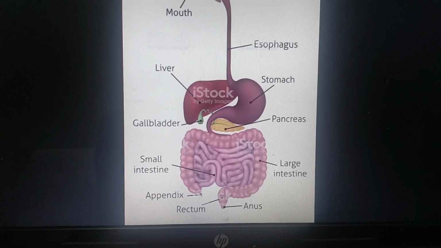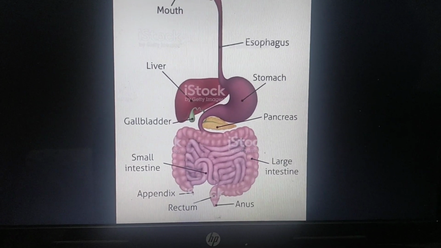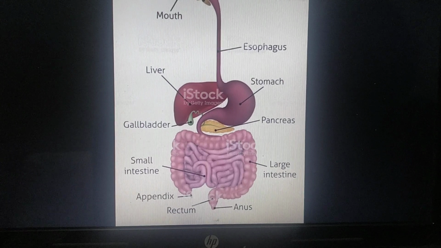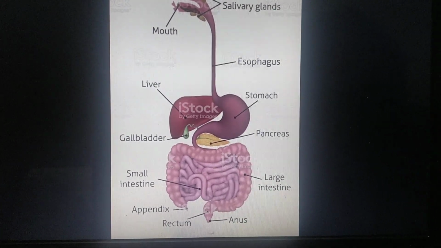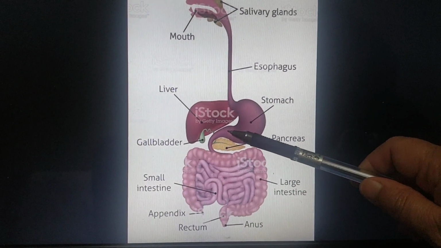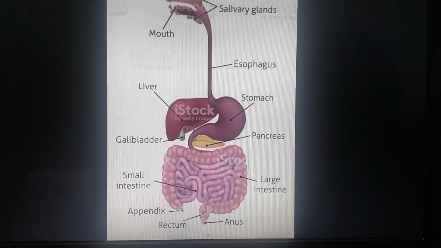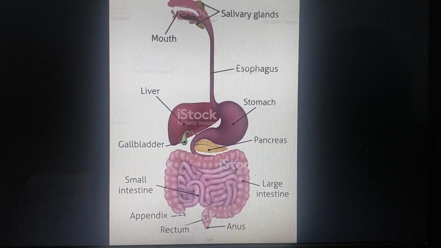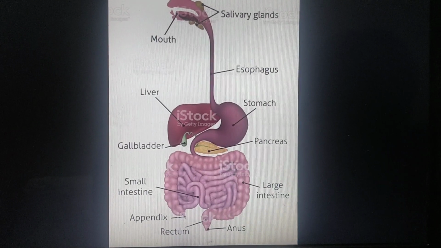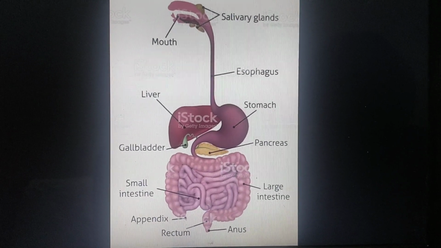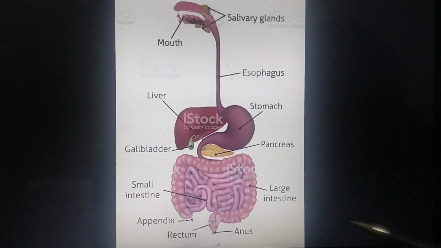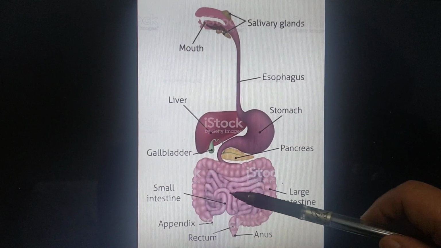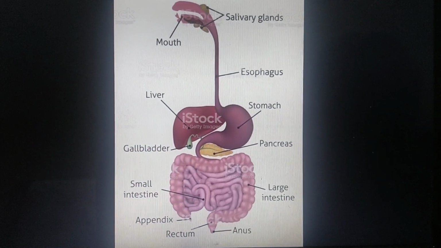Now, the food enters from the stomach to the small intestine in small amounts. It enters through a sphincter. Here there is a sphincter, so its movement is regulated by the sphincter. The small intestine is the longest part, and it is highly coiled and compactly arranged.